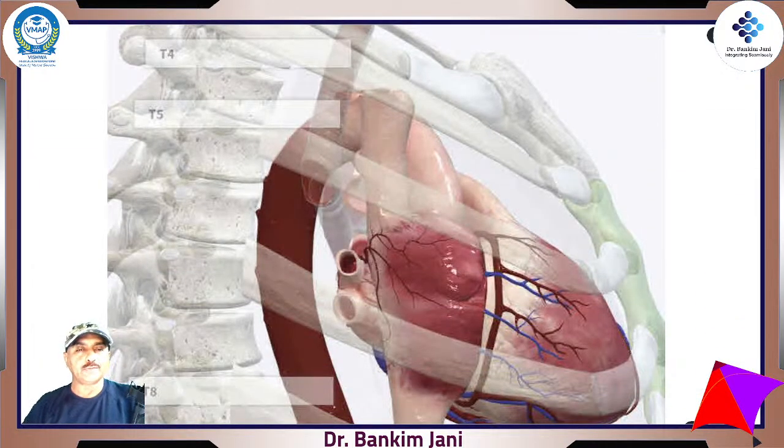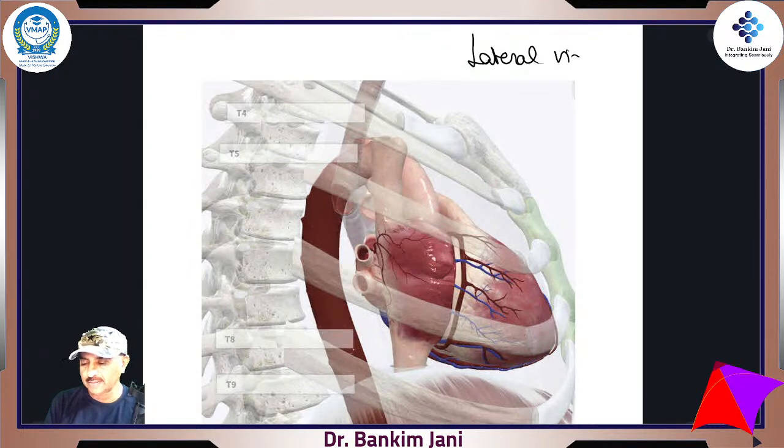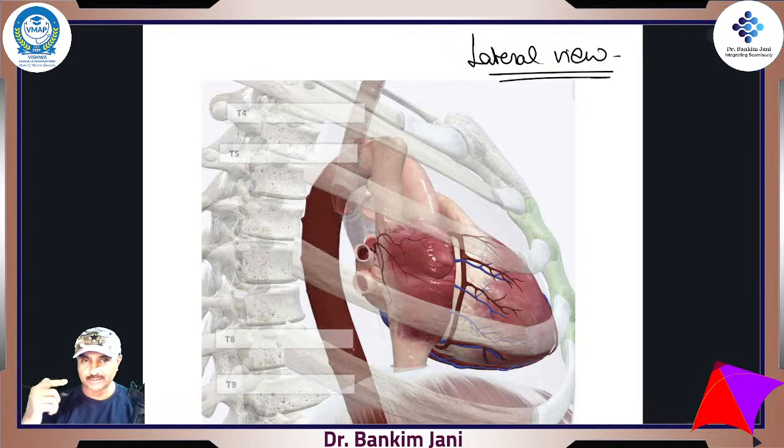Here, as we watch it from the side, this is our lateral view, right? It is different from what we saw on the dissection, which was the left lateral view. This time we are watching it from the right side.